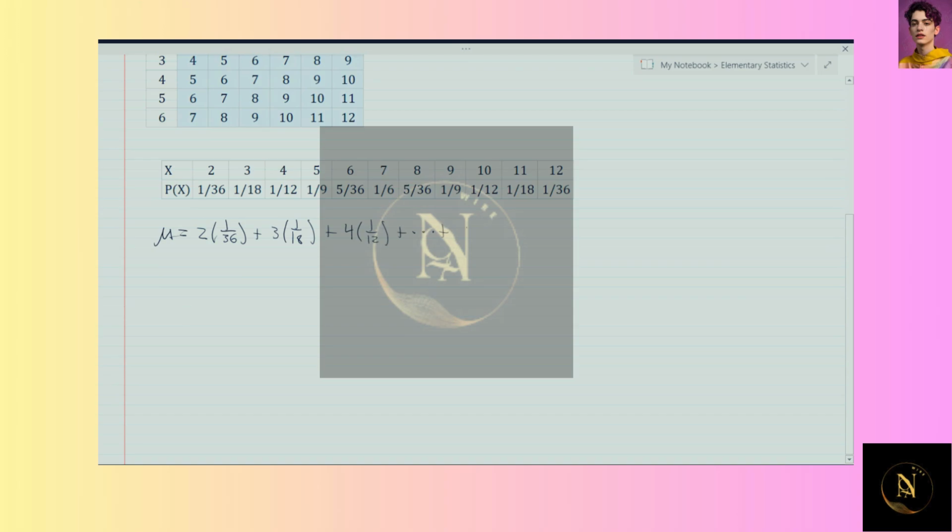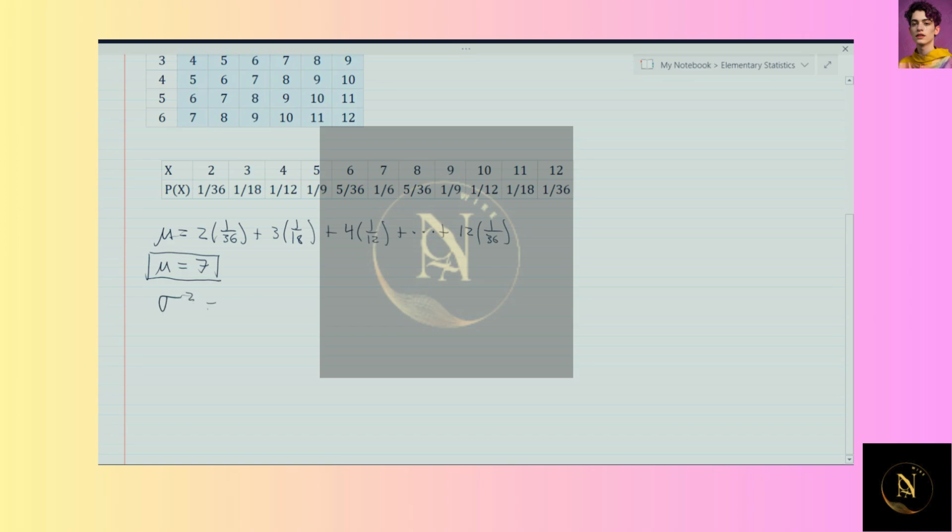I'm going to skip to the end here, plus 12 times 1 over 36. And this is going to give us a mean of exactly 7. So the sum of two dice on average is going to be 7.